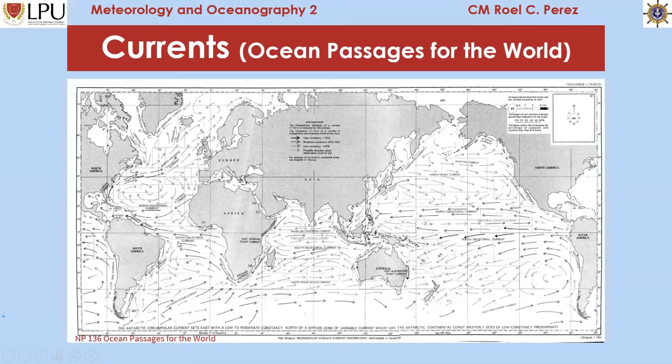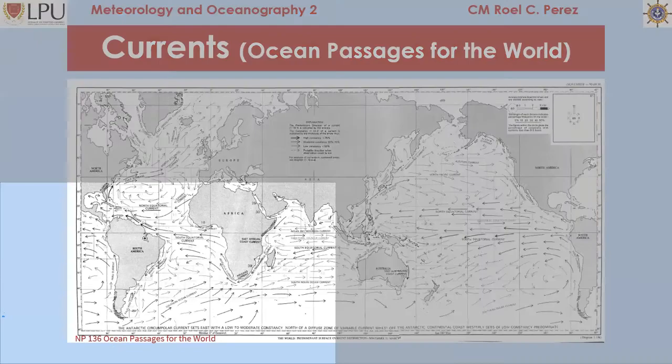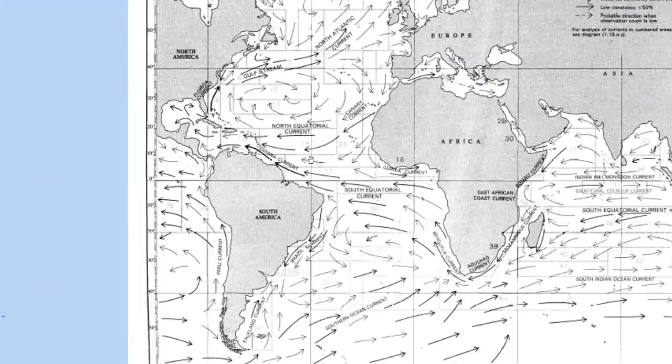And if you notice the countercurrent or the equatorial countercurrent, so here the equatorial countercurrent, which is not indicated, is above the equator. So the equator is this line, 0 degrees.